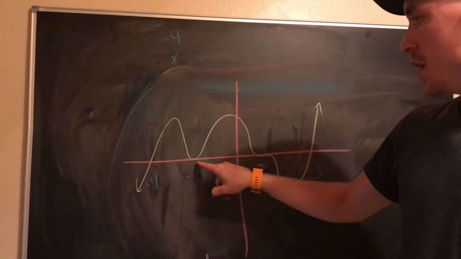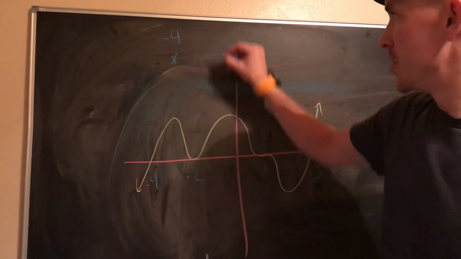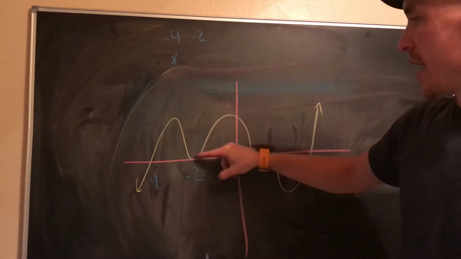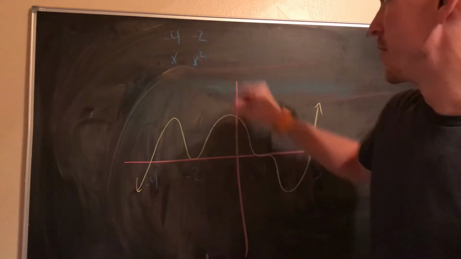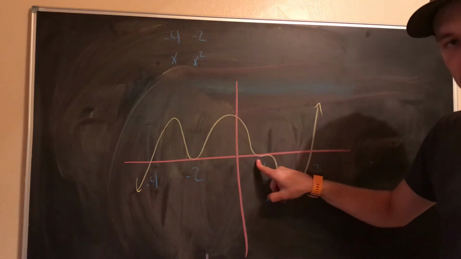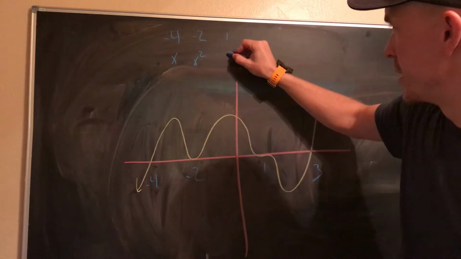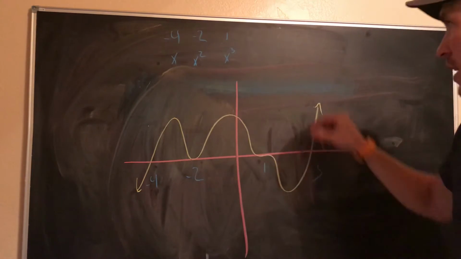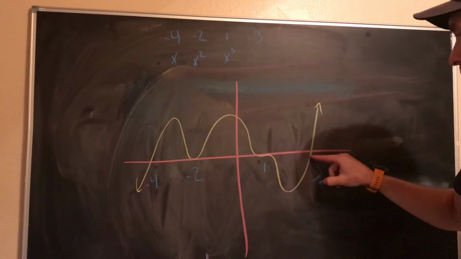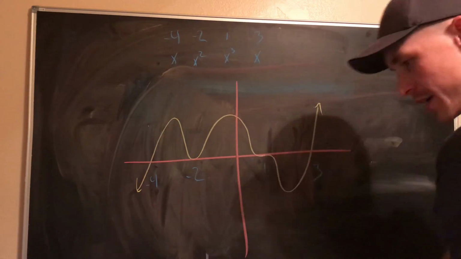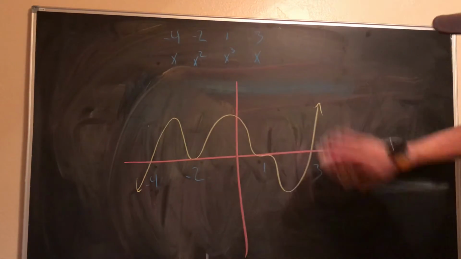Over here we're at -2, and this is a double, so I'll put x squared. This one at 1 is a triple. Our last number, 3, is a single, so I'll put x.